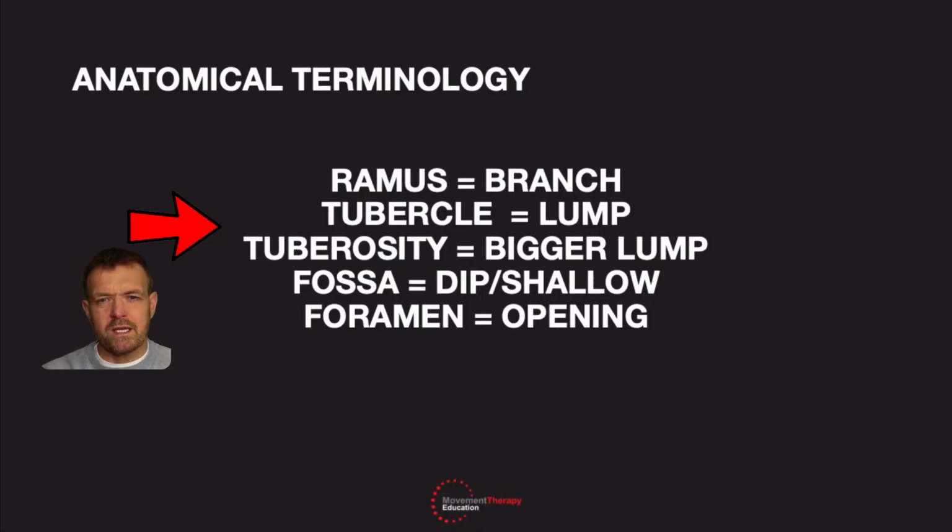So when we talk about tubercles and tuberosities, the size of the lump usually corresponds with the size of the muscles that are in that area. So tubercles, they're usually around the shoulder. Okay, so we've got a couple of tubercles in the shoulder. Tuberosities, there's some in the tibia, and then we've got trochanters, which are around the hip.